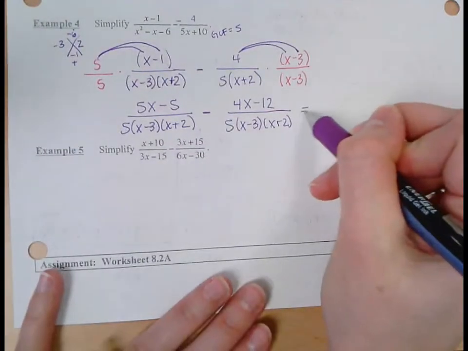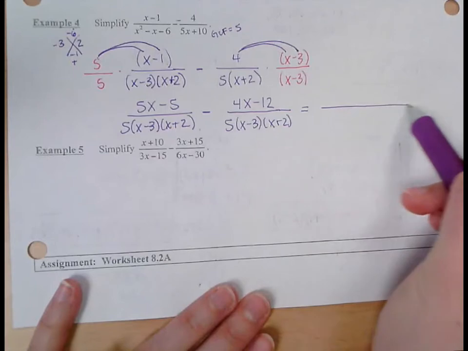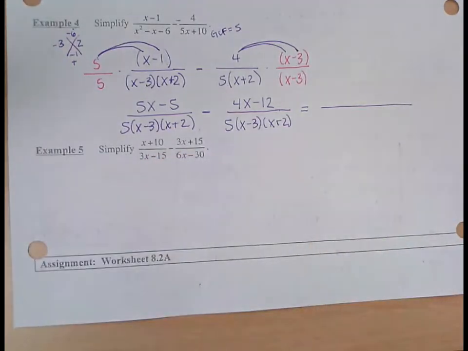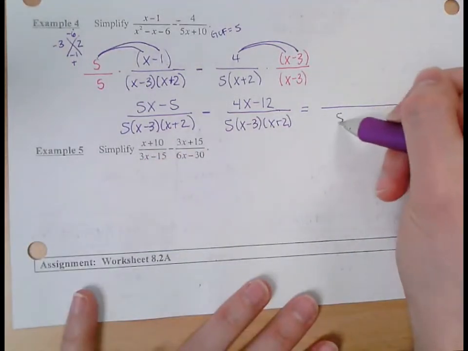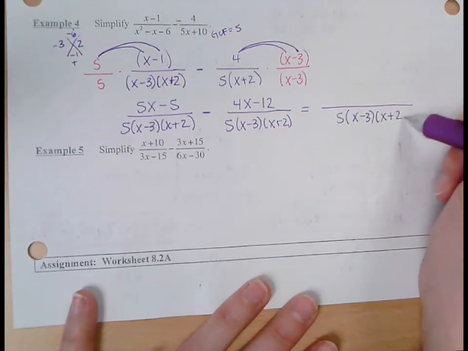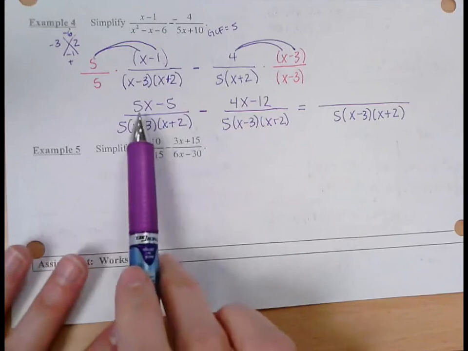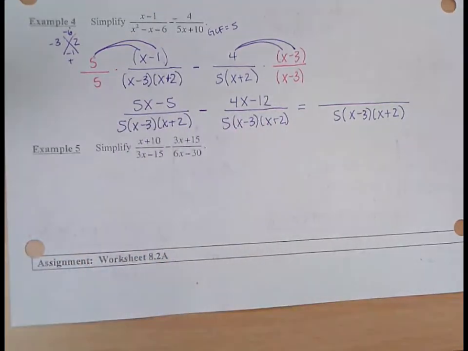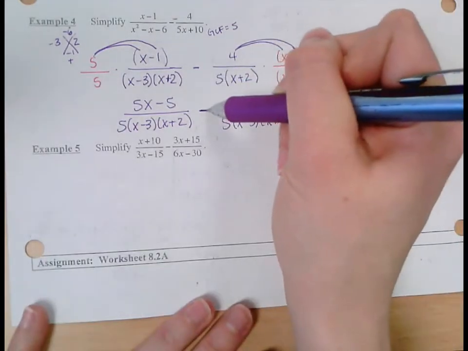And then because my denominators are the same, I can write this as one fraction. My denominator will stay 5 times x minus 3 times x plus 2. And when I subtract along the top, I can only subtract terms if they're like terms. Now careful with subtraction as well.